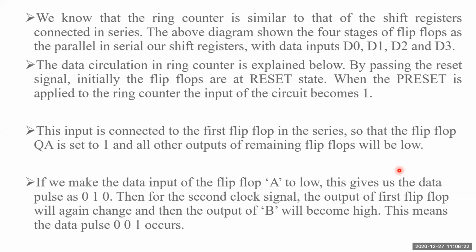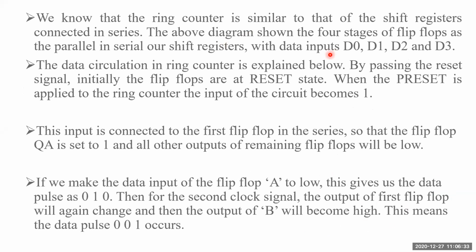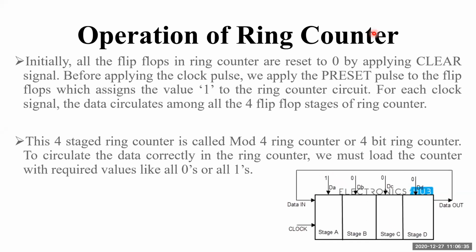We know that a ring counter is similar to a shift register, where all these flip-flops are connected in series. So I can call it a shift register, and the diagram shown here has four flip-flops. These have inputs like DA, DB, DC, and DD, which are the inputs we can see here.